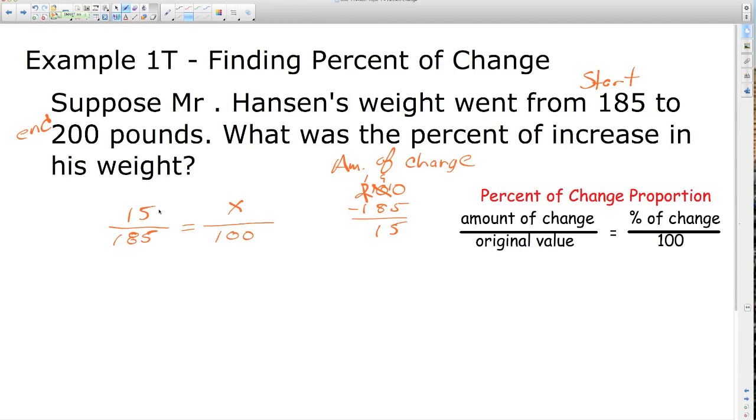So now we solve our proportion. When we multiply here, we get 100 times 15 to get 1500, and 185 times x to get 185x. And we divide each side of this by 185.